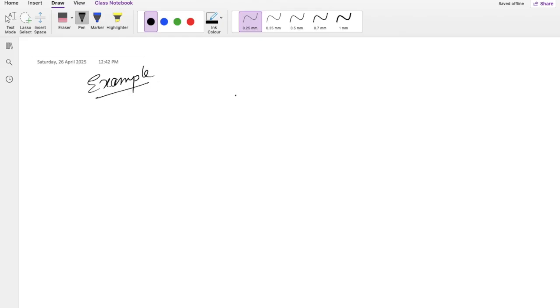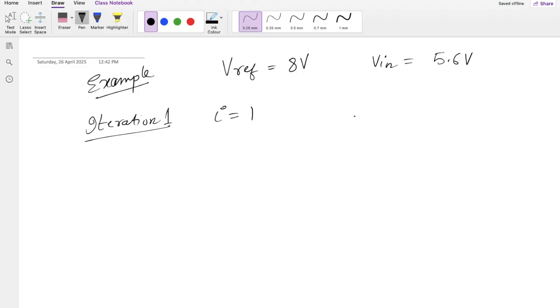Example. Again, let's consider the same example that we had done previously for the conventional SAR ADC: Vref of 8 volt and V in to be 5.6 volt. So we are supposed to get the same result. In iteration number 1, for I equal to 1, V equal to V in, which is 5.6 volt.